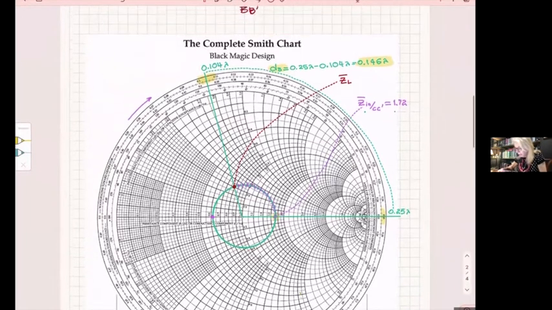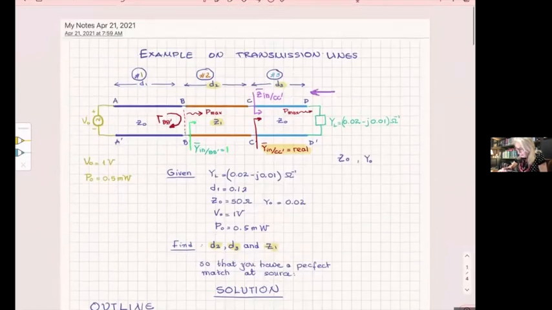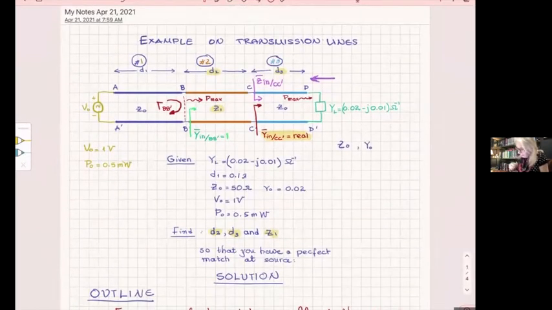So now where I am here at CC prime, to go from CC prime to BB prime and have an input impedance which is equal with respect to Z naught to 1, then I will have to find D2 and Z1.